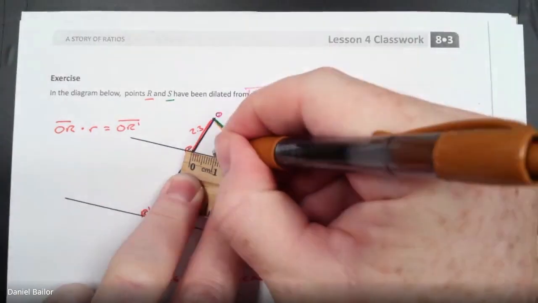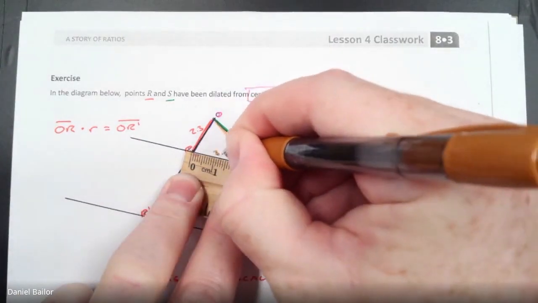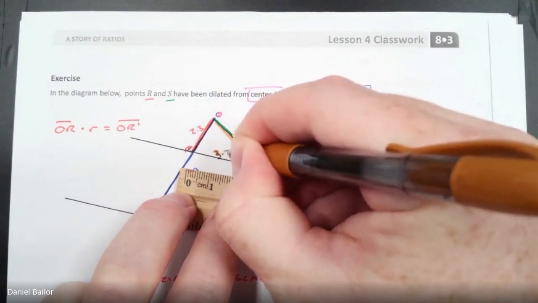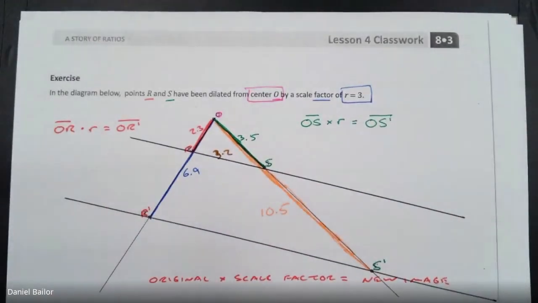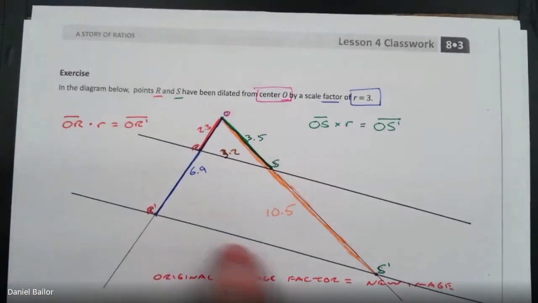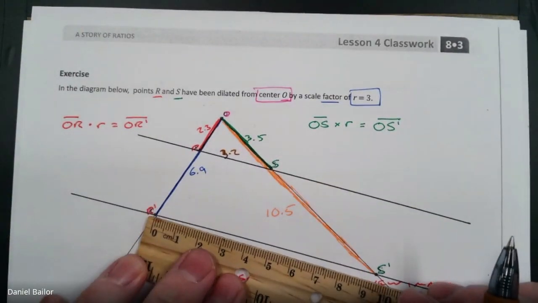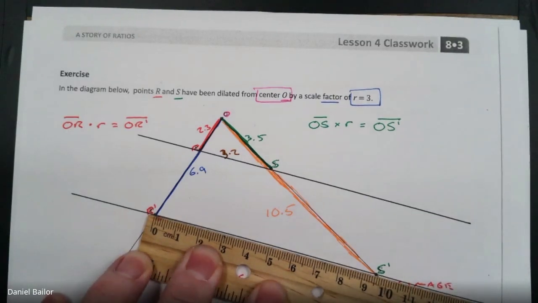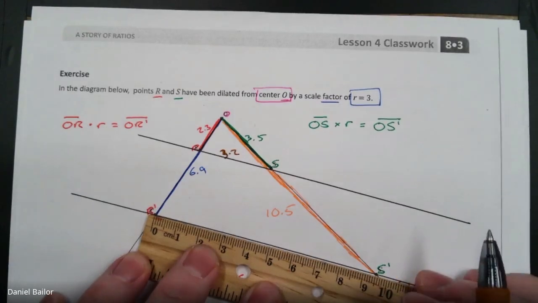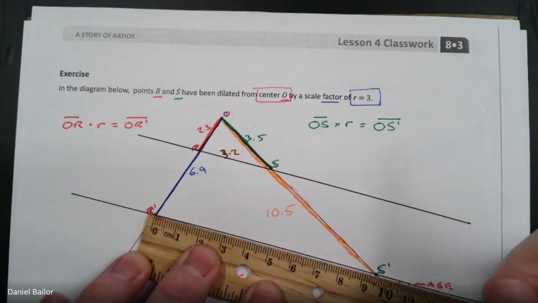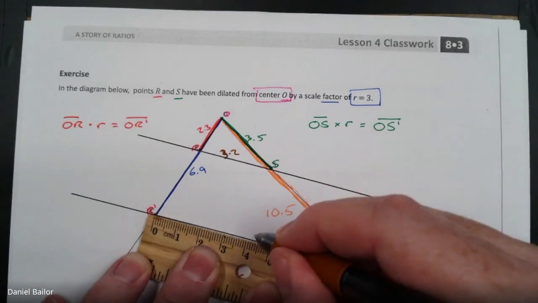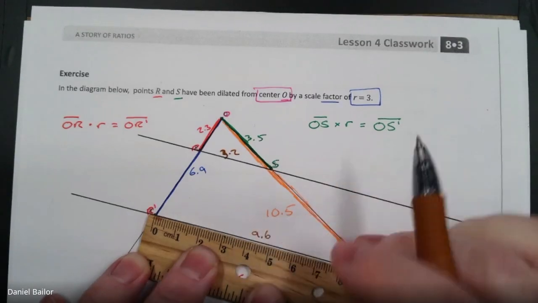RS looks like it's 3.2 centimeters. Now let me measure R prime S prime. Let me measure this one down here. And from the middle of R prime to the middle of S prime looks to me like it is 9.6 centimeters. You can see it's down here, 9.6 centimeters.